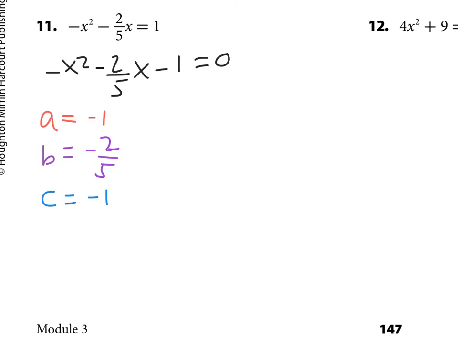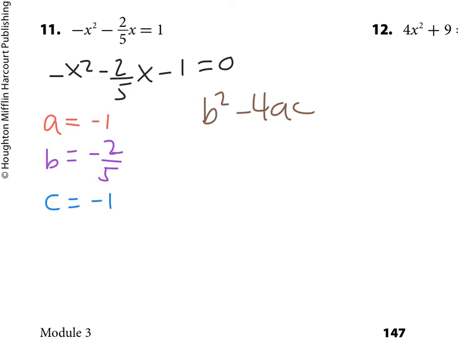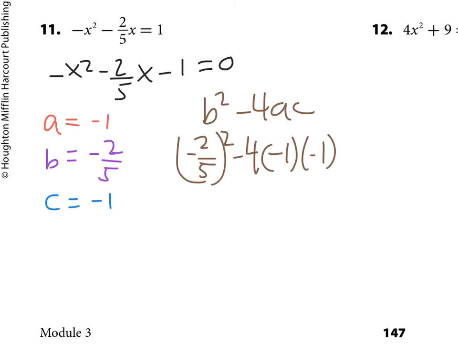So from before, our discriminant is b squared minus 4ac, remember that would have been underneath the radical symbol. So if we substitute, we would have -2/5 squared minus 4 times the a, which is -1, times the c, which is -1. -2/5 squared is going to be 4/25 because the negatives become positive.